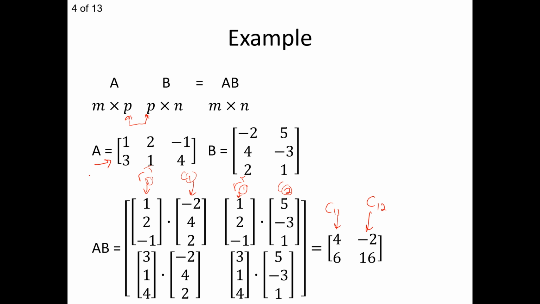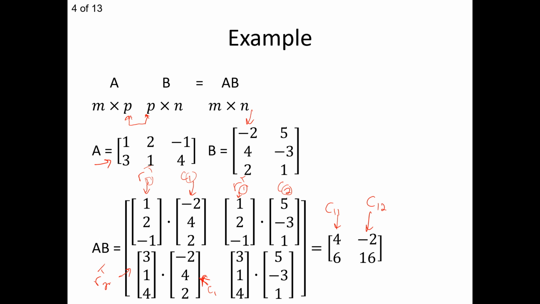Sorry, not row 1, row 2, and I'm going to dot that with my column 1. Notice this is the transpose of row 2, and this column is the first column of my matrix B. And I dot that to form a new element.